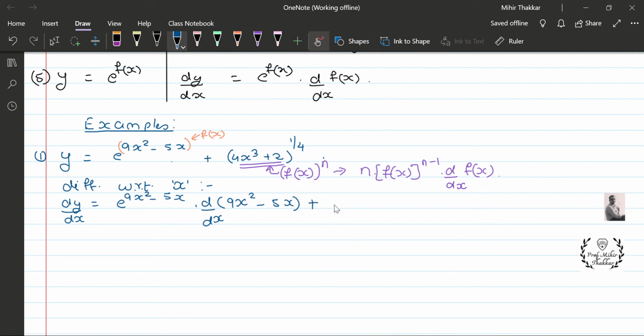Plus, n is 1 by 4, so it is (4x cube plus 2) whole power 1 by 4 minus 1, that is minus 3 by 4, into the derivative of 4x cube plus 2.